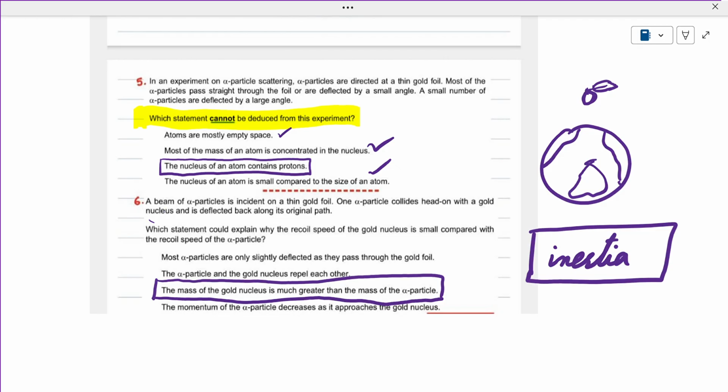Because the mass of the earth is more than the mass of the apple. Since the mass is more, inertia will be more. That is why the apple falls towards the earth. Here the same thing: the mass of the gold nucleus is more than the mass of the alpha particles. So option C is the right answer.